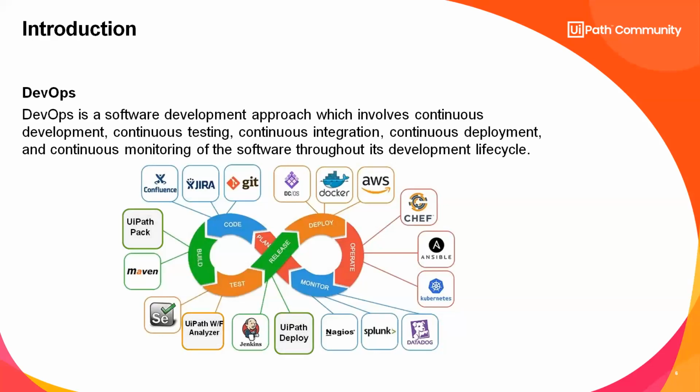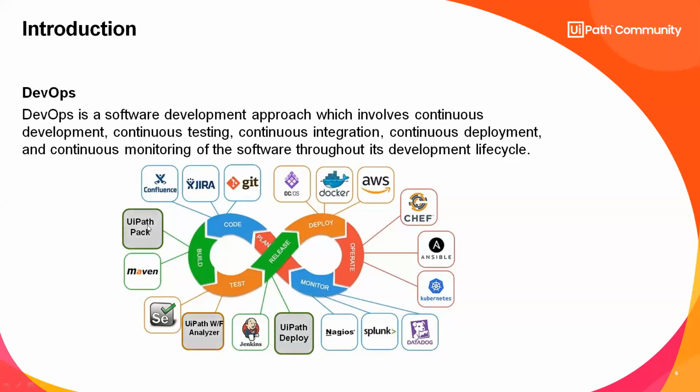So starting with the introduction, DevOps. DevOps is neither a software nor a programming language. It's just an approach that we follow with the help of a couple of tools. So all the tools mentioned here, like Confluence, Jira, Git, Docker, AWS, some of you might be aware of all these tools, some may not.